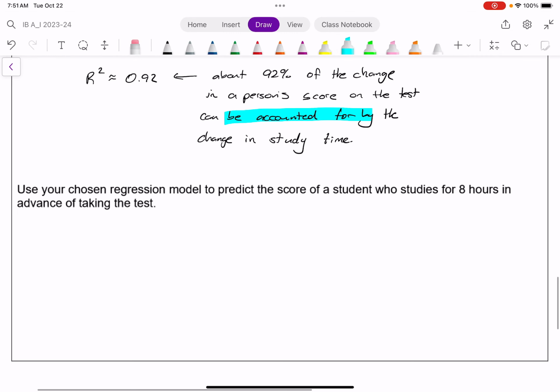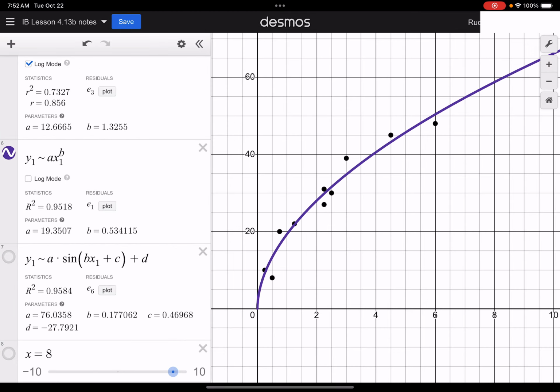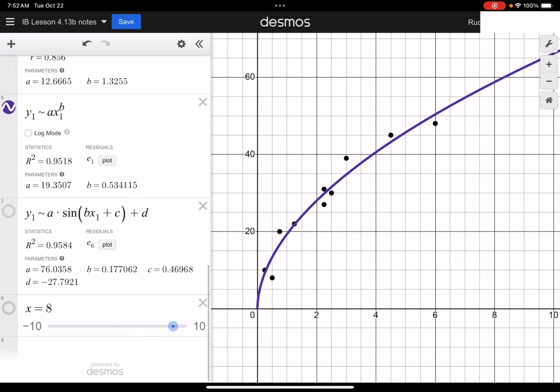So lastly, using our chosen regression model, the power function, I want to extrapolate and predict what a score would be if someone studied 8 hours, which no one went that far. And while we always want to be careful with extrapolating, because we've given a lot of thought to our functions, our prediction here will be much more valid compared to many of the other functions.